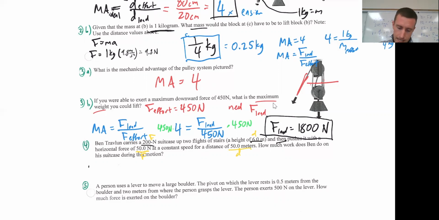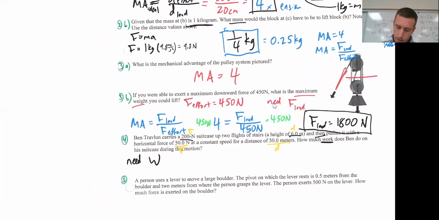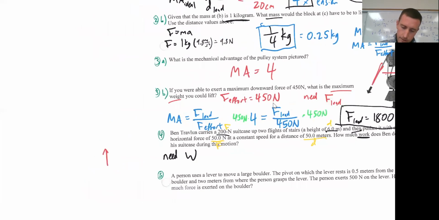So I need the work. It says how much work does Ben do? And there's 2 sections here. First, there's the section where Ben goes vertically. Then there's the section where he pushes it horizontally. So I'm going to do 2 work equations.